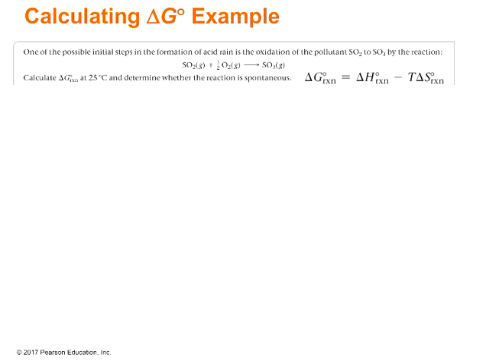So one of the possible initial steps in the formation of acid rain is the oxidation of the pollutant SO2 to SO3 by the reaction shown below. So sulfur dioxide reacts with oxygen to produce sulfur trioxide. And we want to calculate Gibbs free energy of the reaction at 25 degrees Celsius and determine whether the reaction is spontaneous.